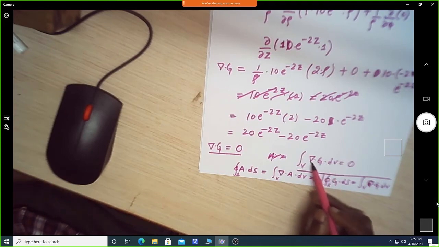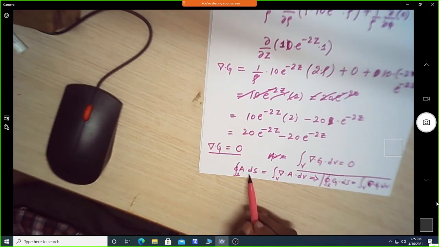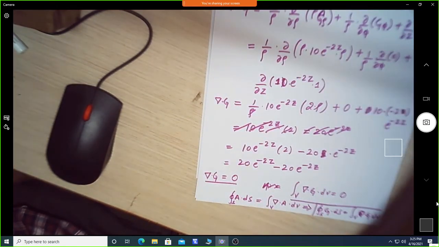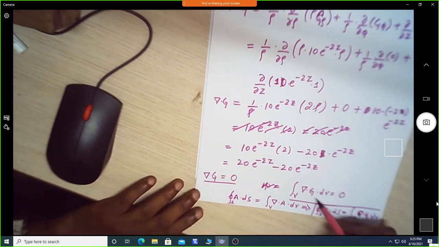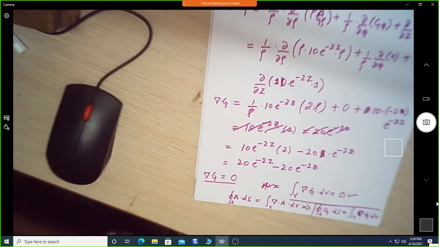Even if you calculate the divergence of the vector and take the volume integral of that, it will be equivalent to the closed surface integral of the vector A over the differential surface. So that we have proved. We took the surface integral or flux, which is 0, and if we take the divergence and its volume integral, both become 0. That proves the divergence theorem.